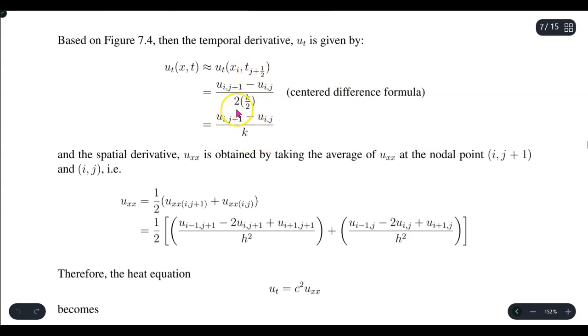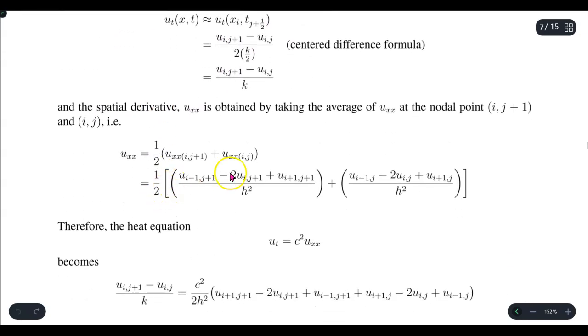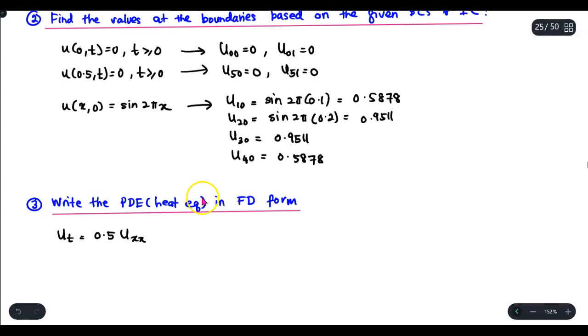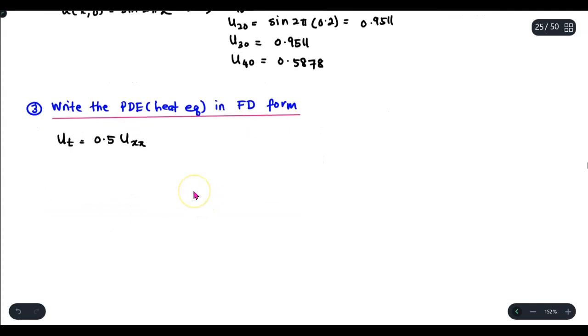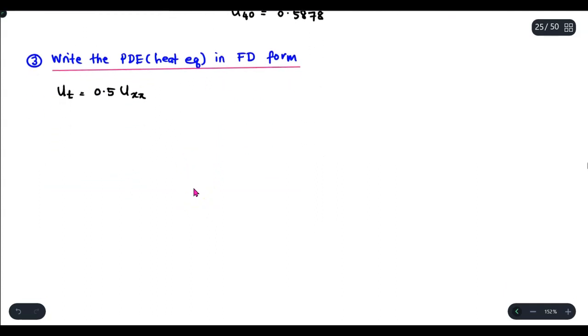So we end up with this finite difference formula, and for the uxx we end up with this expression here. Now let's replace u sub t and uxx based on our previous discussion on the Crank Nicolson scheme. So u sub t is ui,j plus 1 minus uij over k.